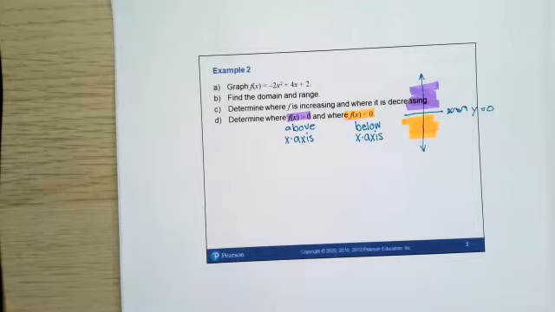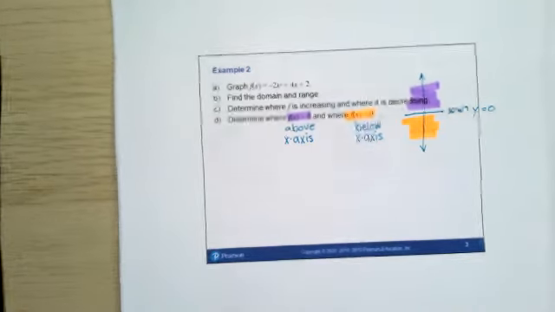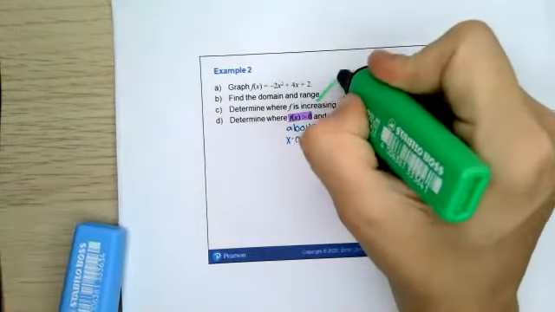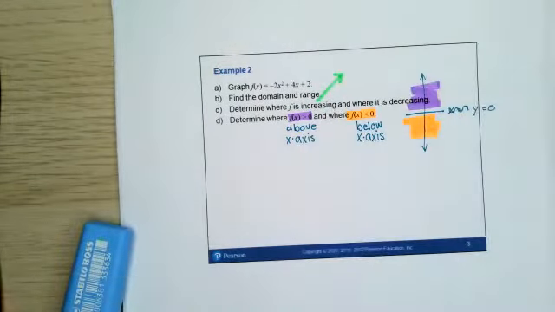Let's talk about what decreasing and increasing mean, even though I know we already talked about it. Increasing means the slope is positive, right?